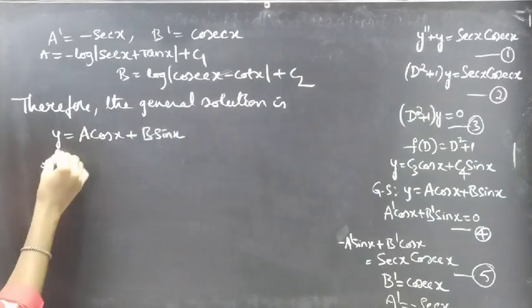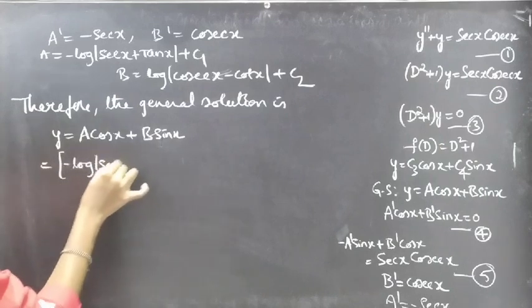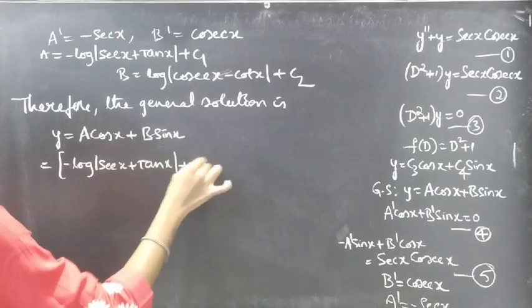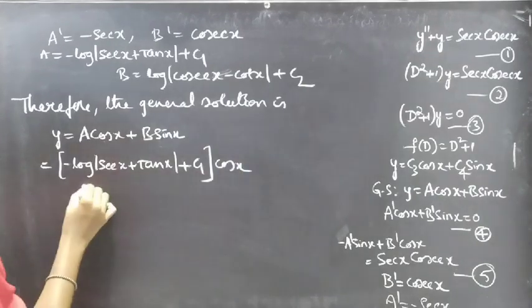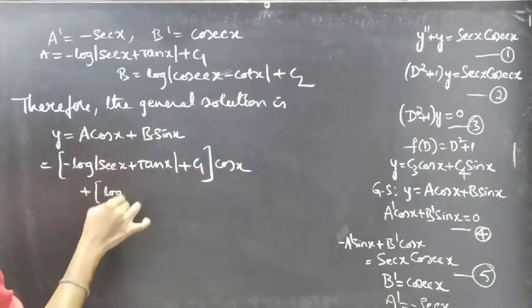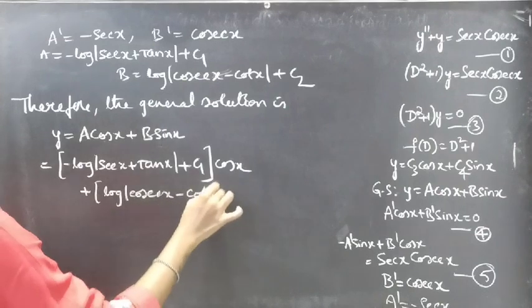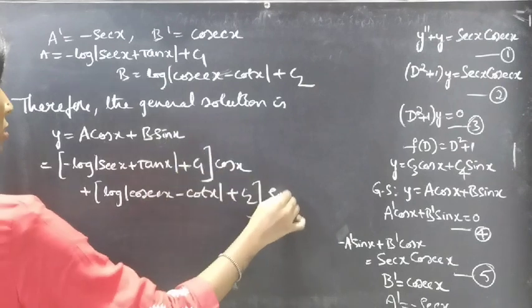This gives us minus log mod secant x plus tan x plus c1 into cos x plus log mod cosecant x minus cot x plus c2 into sin x.